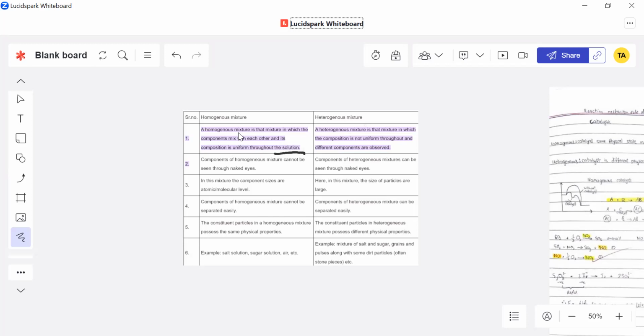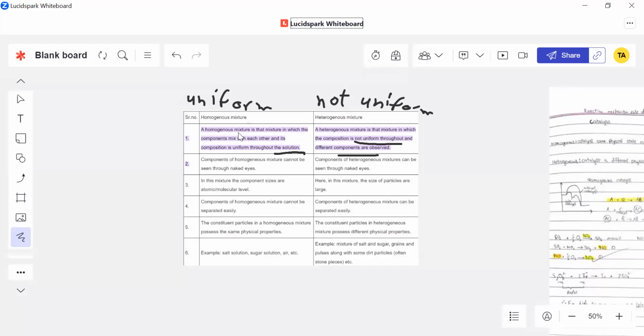Whereas heterogeneous mixture is a mixture in which the composition is not uniform throughout, and the different components can be observed. So heterogeneous mixtures do not have uniform composition, whereas homogeneous mixtures have a uniform composition.